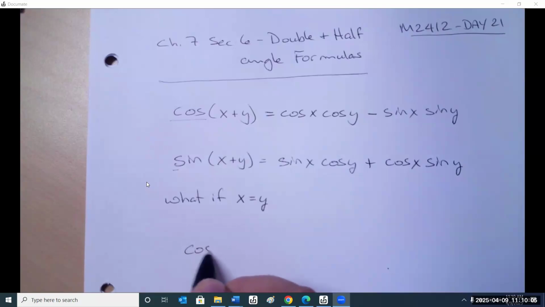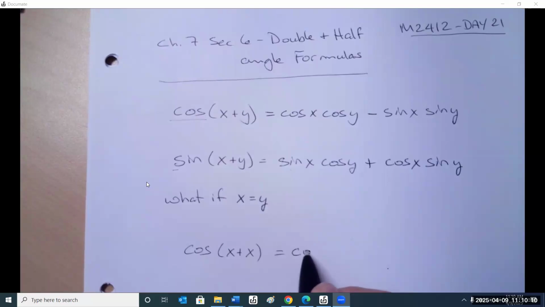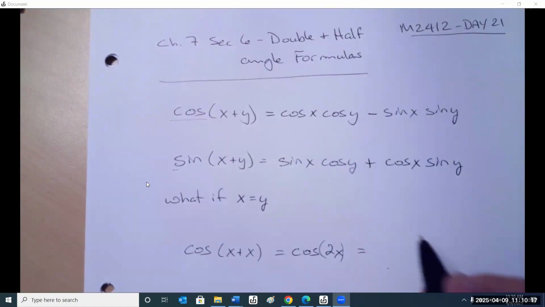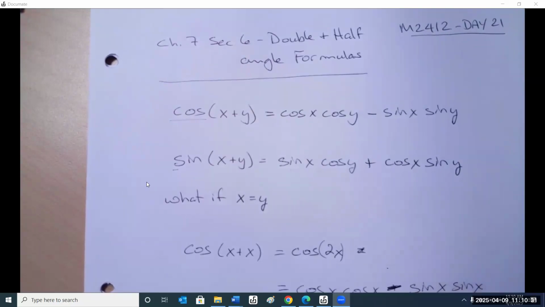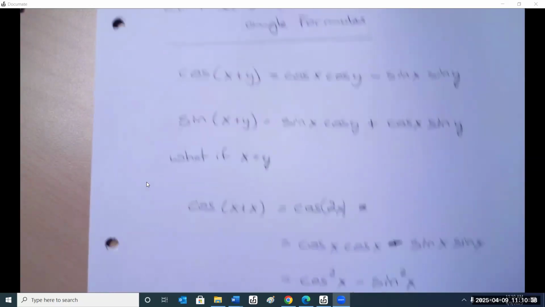So we have cosine x plus x, which is cosine 2x, the double angle. What's that going to equal? That's going to equal cosine x times cosine x minus sine x sine x, which is cosine squared x minus sine squared x.